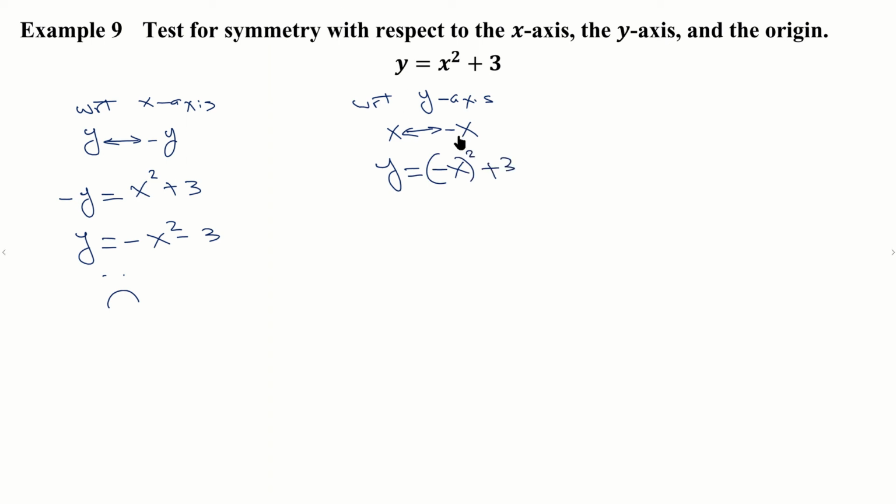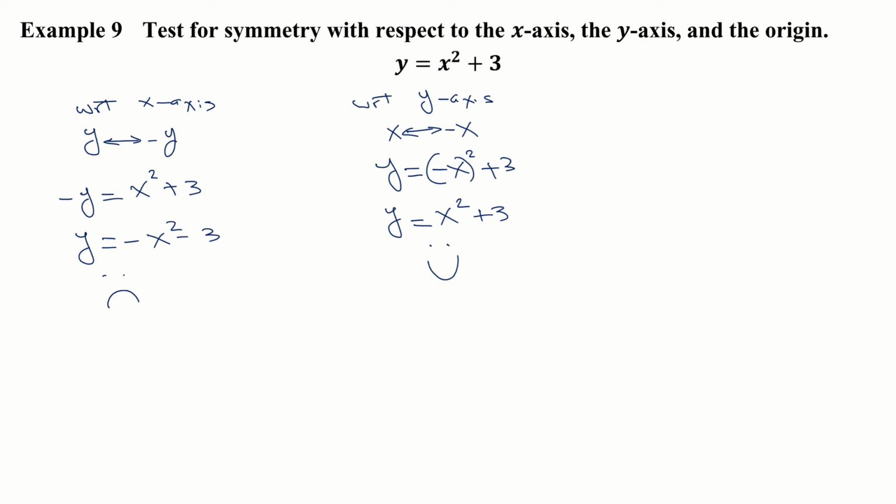Now notice that the square of negative x is just x squared, right? Because negative 1 squared is 1. So we just get y equals x squared plus 3, right? So did we get back to the original equation? We did. So changing x to negative x didn't change the original equation. So therefore, yes, this one works.